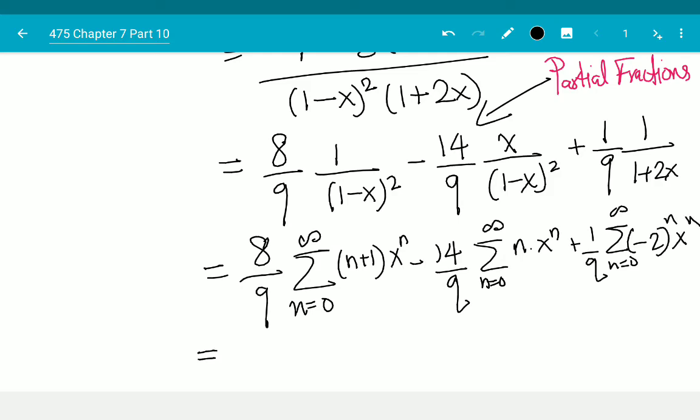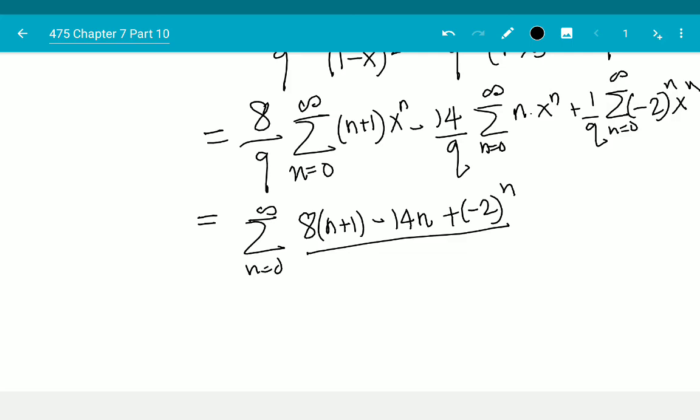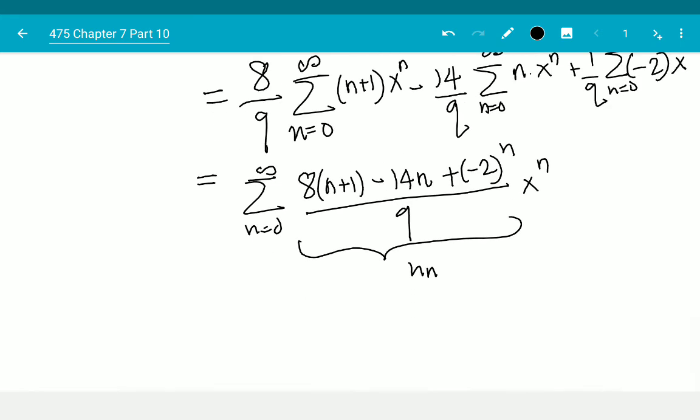And so I can write my power series as summation n equals 0 to infinity of 8 times n plus 1 minus 14n plus negative 2 to the n, all over 9, x to the n. And all of this is my h_n because this is my generating function.